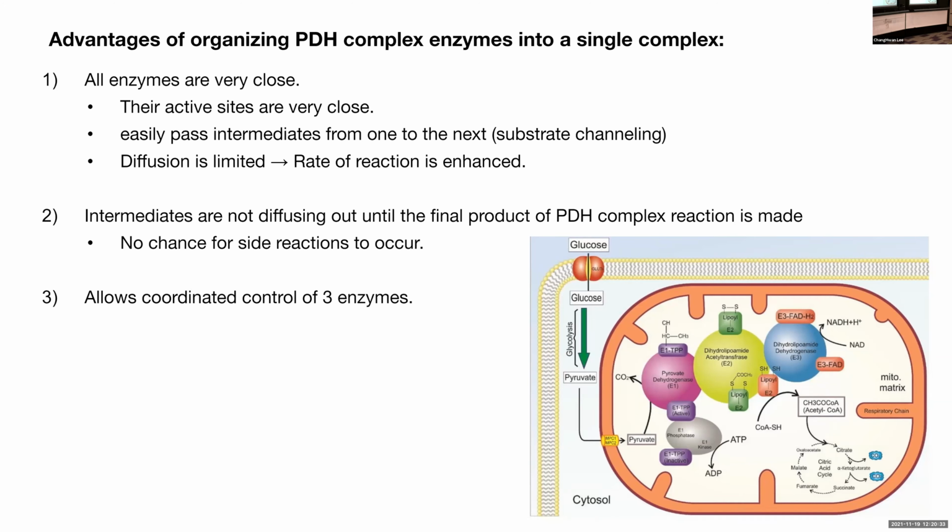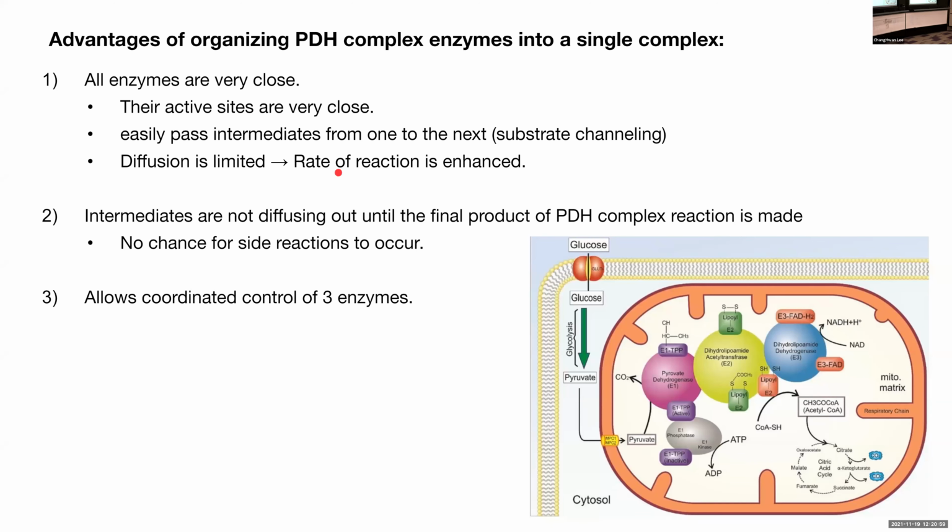Especially this PDH complex takes a strategy where it makes a blob, like a complex, inside the mitochondrial matrix. And that is advantageous because all enzymes basically stay very close. And that means their active sites are very close too, and they're handing on and handing off their substrate or intermediates, right?